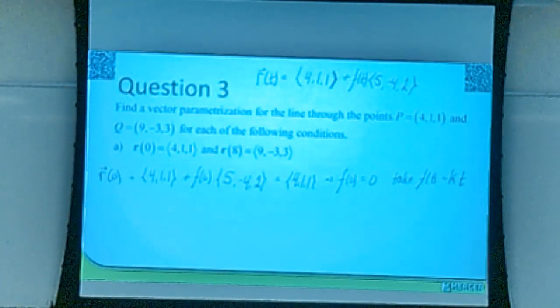Take f of t to be some constant times t. This will allow us to now find R of 8, or use R of 8 to find k.